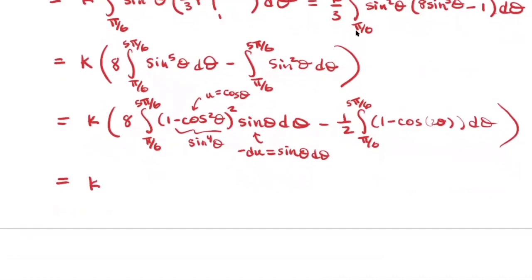So you get a k times 8 integral, don't have the limits yet. So this will be (1 minus u squared) squared, with a negative, so I'm going to put a negative out in front of the whole thing, negative du.